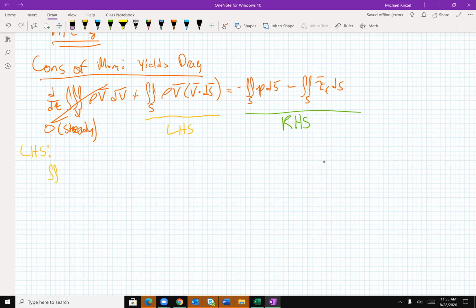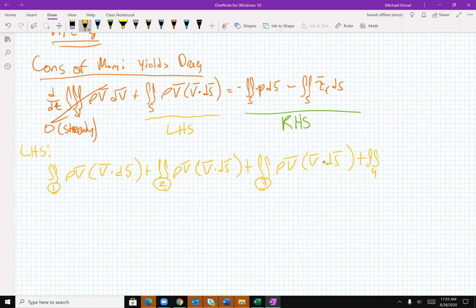So we have momentum flux on surface 1 plus momentum flux on surface 2 plus momentum flux on surface 3 plus the momentum flux going out of surface 4.